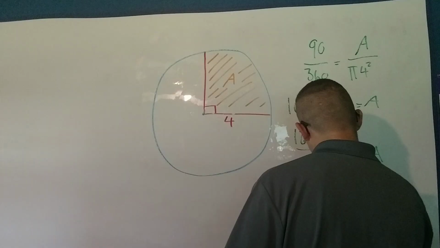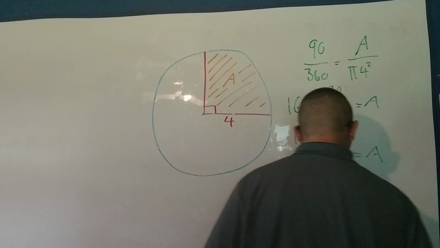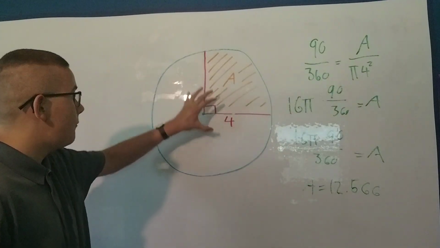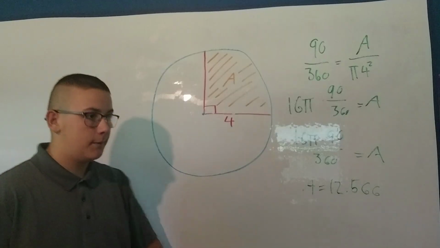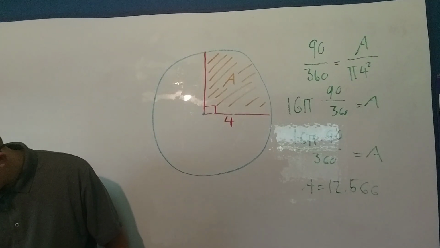So your area is 12.566. And again, that should make sense because if we take the entire area, 16 pi.